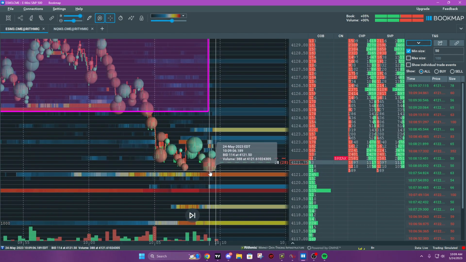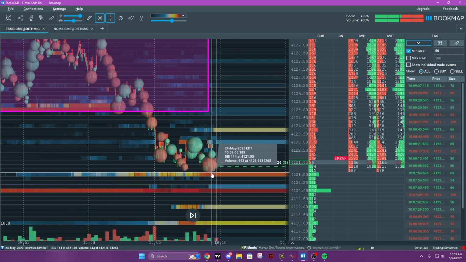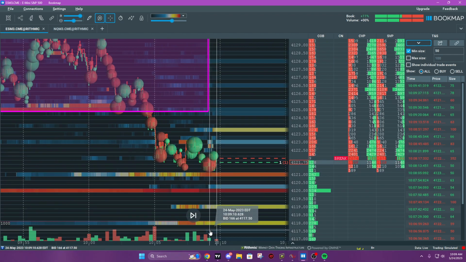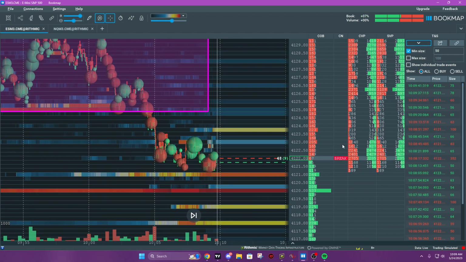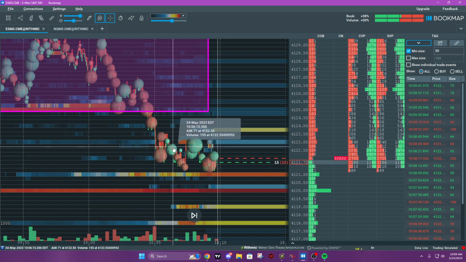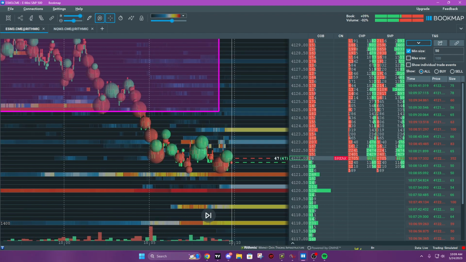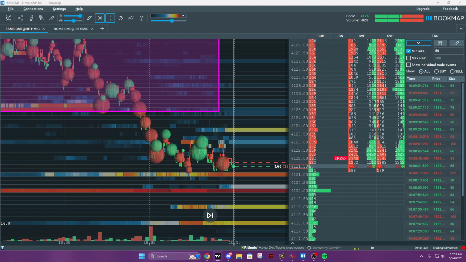I just got out down here because there's still a lot we have to break, and there's some absorption you can see on polarity. 4116, 4112 on the 1 hour, demand zone on ES. Take a look, double check.